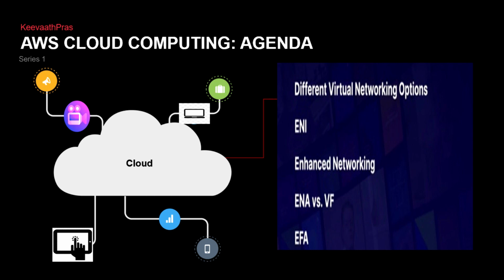So remember that EN, but instead of T, it is ENI. I'll tell you what this is, and then we have enhanced networking, and we will see the difference between ENA versus the virtual one, and then we'll see what an EFA is. Everything is starting with E, so let's see what that E is also.